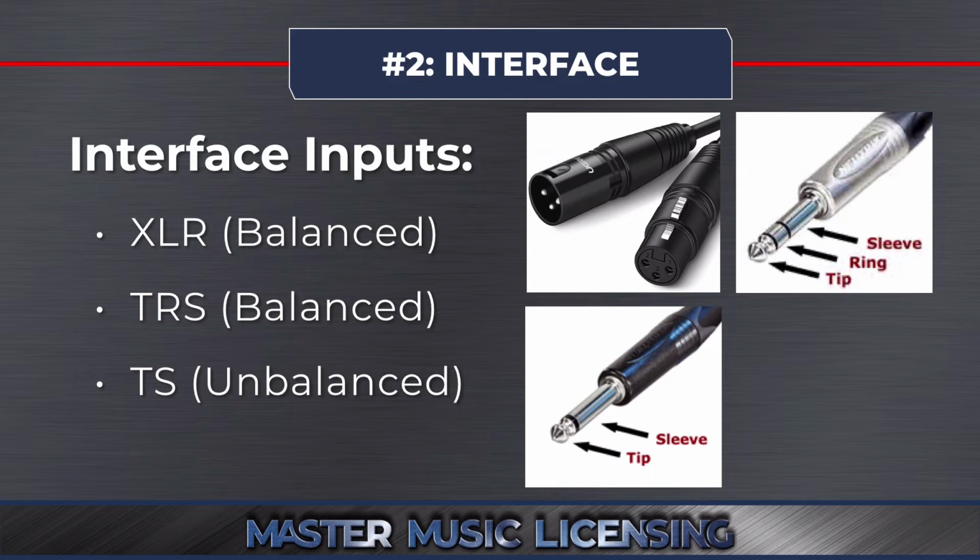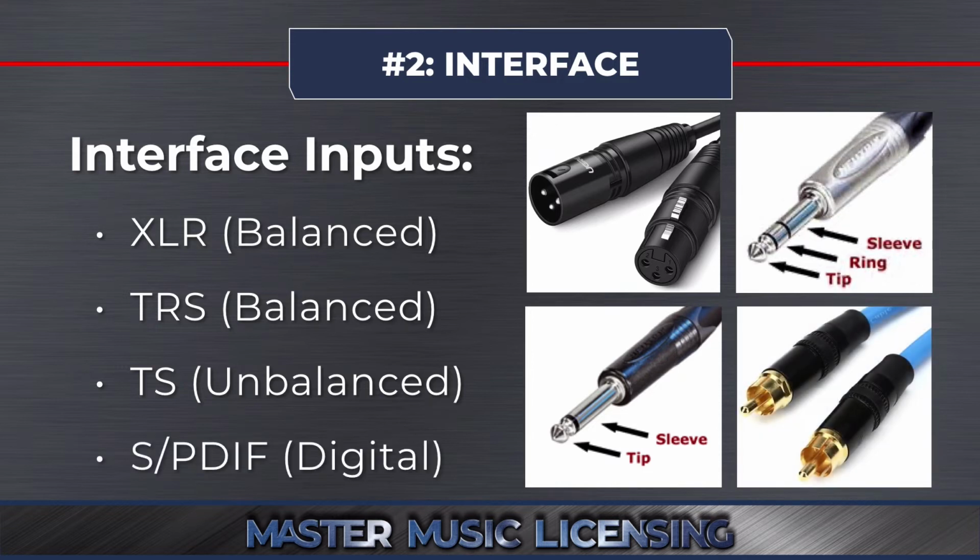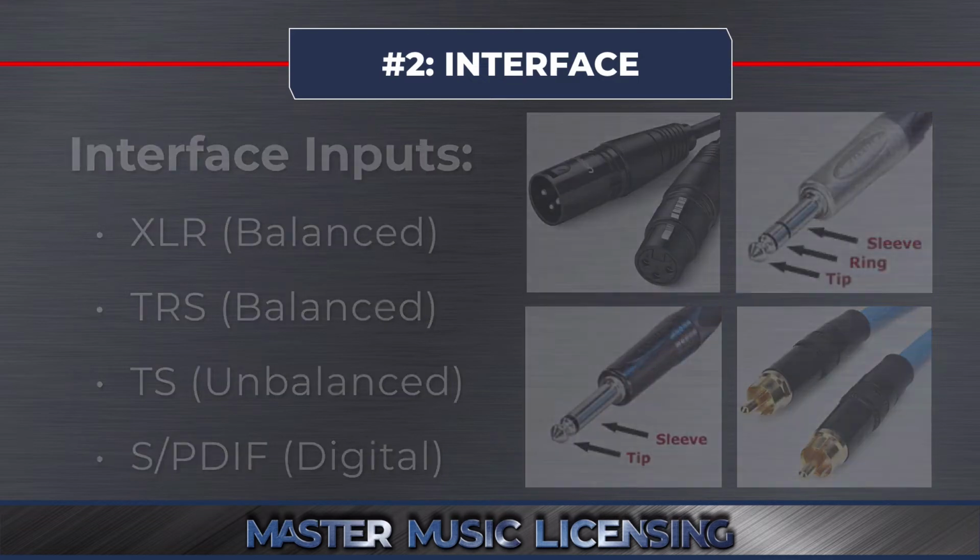And then another type of input and output that you'll find on an interface is known as SPDIF. That stands for Sony Philips Digital Interface. And these are your digital inputs and outputs. Okay. Now let's talk about the difference between these.